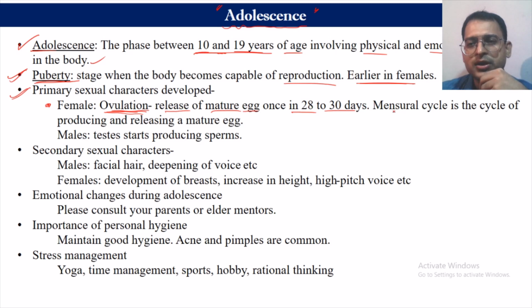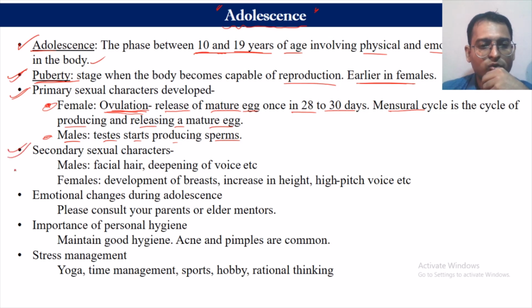The menstrual cycle is the cycle for the production and release of a mature egg, so it is a monthly process. In females the primary sexual character is ovulation. In males, the testis starts producing sperms. That is the primary sexual character.